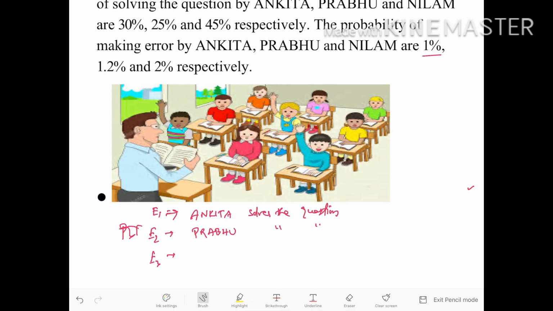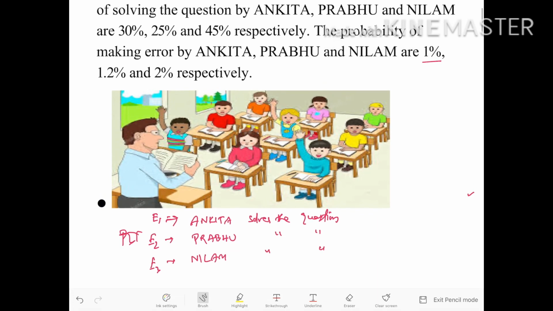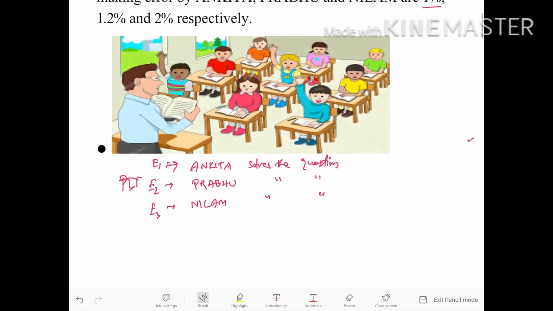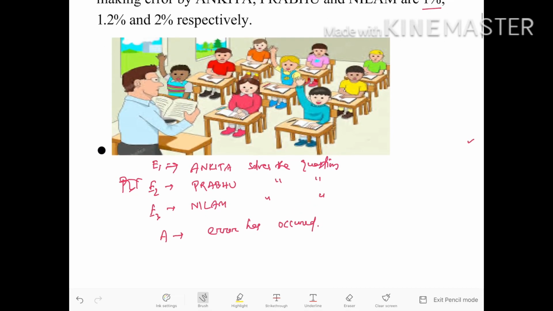And E3: Neelam solves the question. For the probability of making an error, let us take A as the event that an error has occurred. Okay, these are the data given to us.